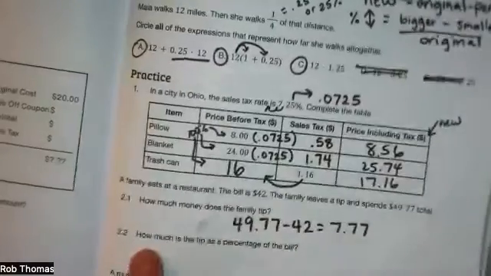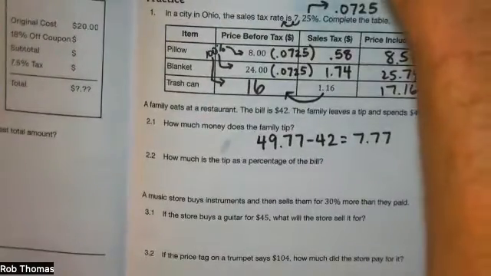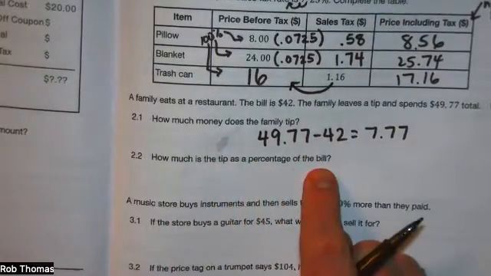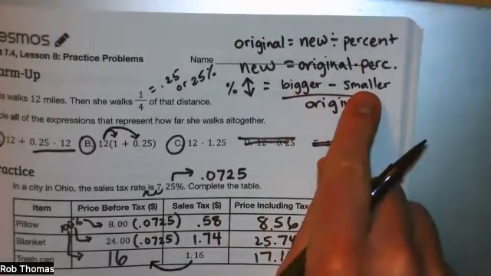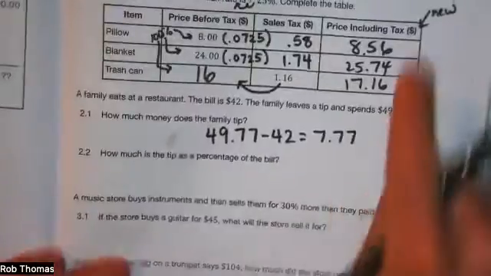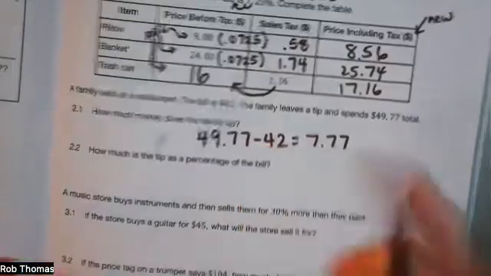And then the next question asks, let me change this a little bit. How much is the tip as a percentage of the bill? So we want to know, like, how much did they increase their bill by as a percent? Well, we already did bigger minus smaller. Now let's divide the result of that by the original. We're essentially doing this formula here, but in two steps. This was step 1.